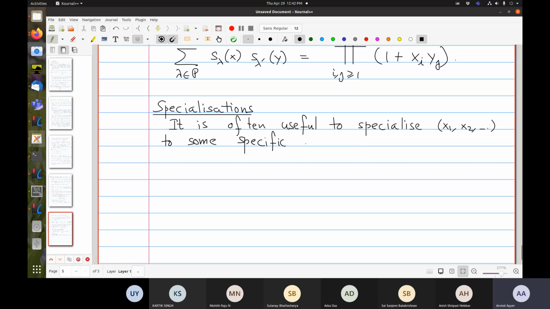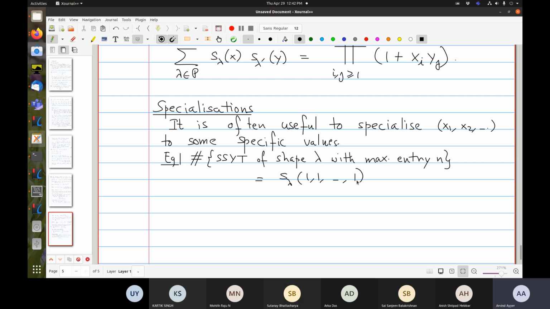For example, if you want to count the cardinality of SSYT of shape lambda with maximum entry n, then what you are doing is really evaluating the Schur function at 1, 1, up to 1, so n of them, and all the rest 0, right?